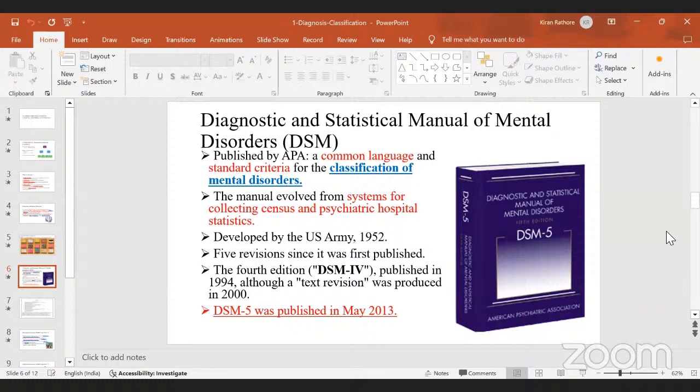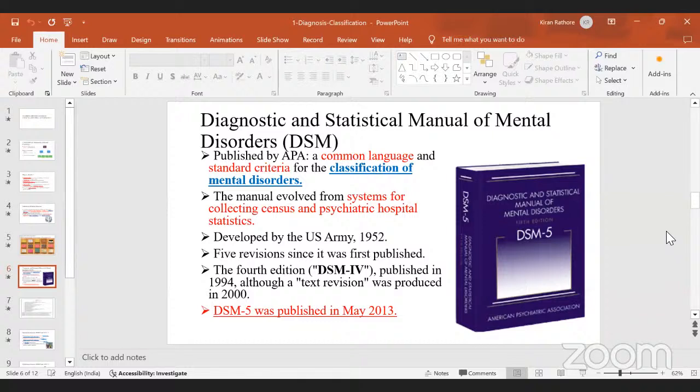DSM is not the official classificatory system adopted by the world. It is used only in the US, but we learn it for learning and research purposes, for understanding mental disorders. Am I clear on this? This is used in the US only.